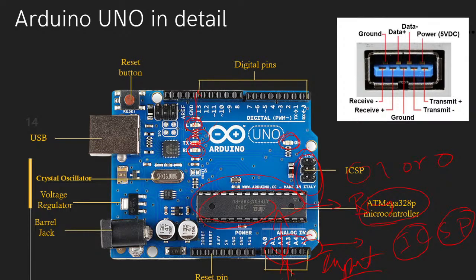Okay, and you know what ground is, what 5 volts is. VIN is the 9 volts pin. These are all power pins, reset pins, input output reference, and analog reference.